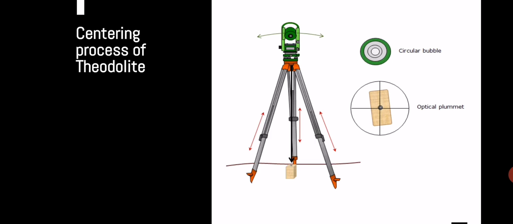Also, the circular bubble suggests that our initial leveling is correct. This process can be carried out with the help of a plumb bob or a laser, or directly we can use the optical plummet.